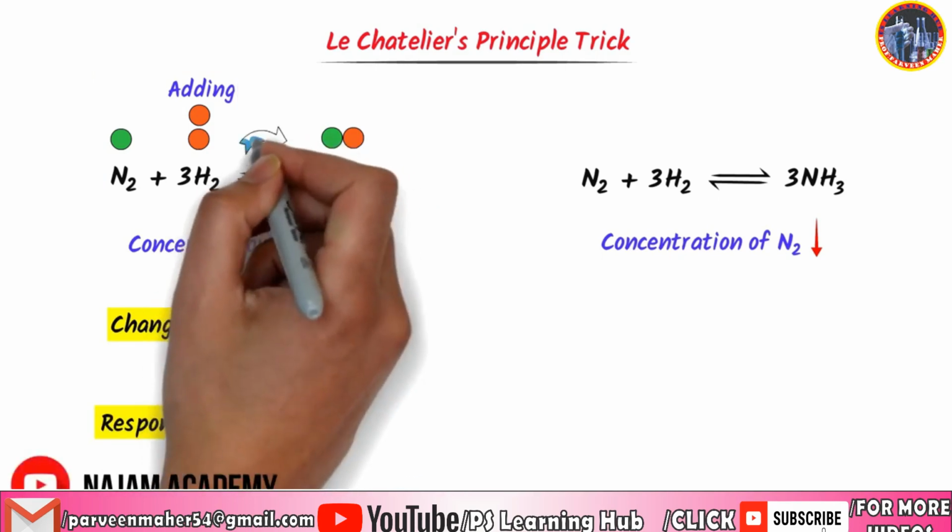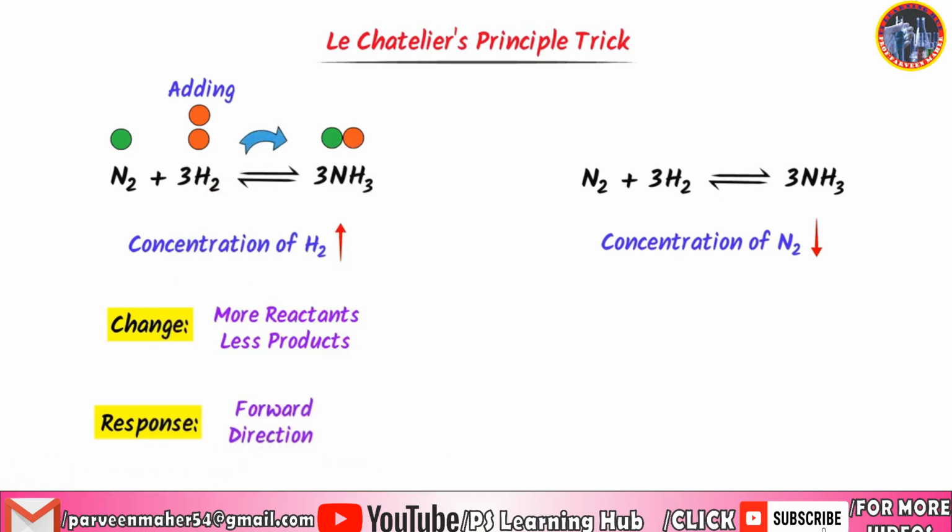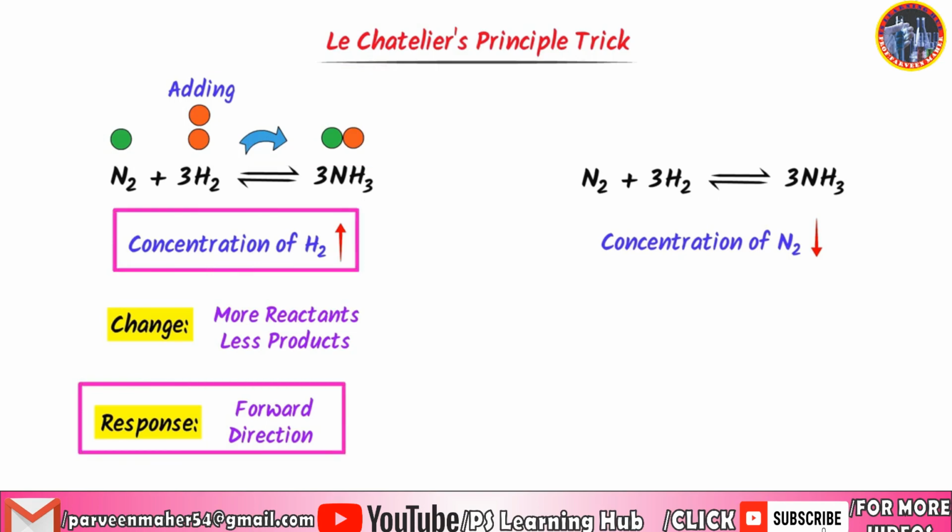The equilibrium will proceed in the forward direction to form more products and neutralize the effect of concentration. Therefore, remember that if we increase the concentration of hydrogen gas, the equilibrium will shift in the forward direction to neutralize the effect and restore chemical equilibrium.